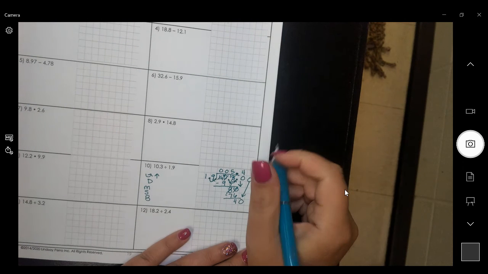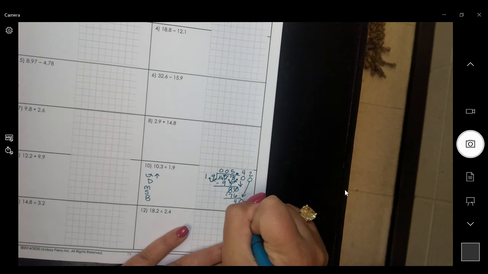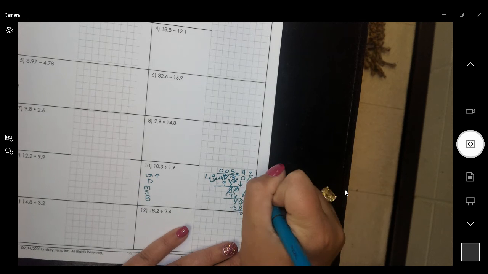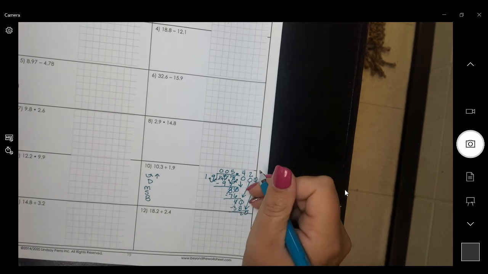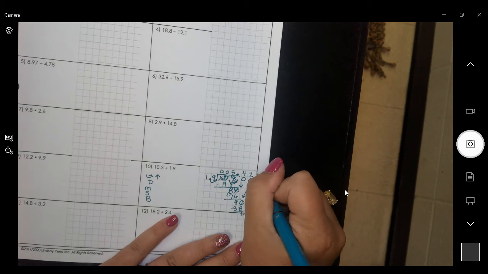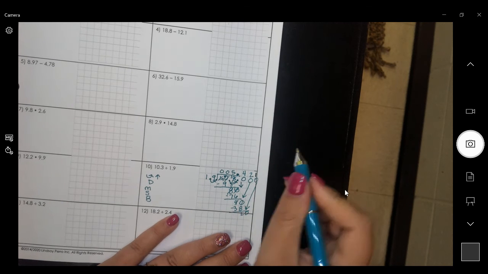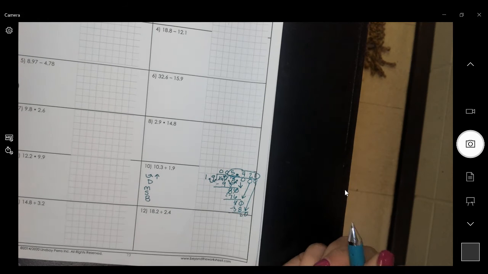Okay, so I'm going to try 2 gave me 38. I subtract, get 2, bring down my 0, then get 20. Well, that will go in once. Okay, and then it's just going to keep going. It's not going to end. So this right here would be my answer.